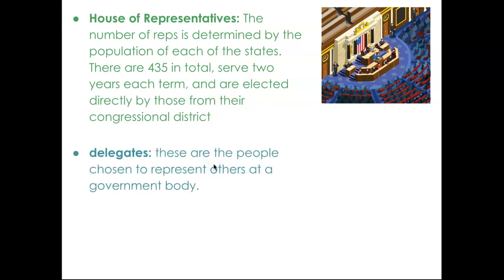Right, your next word is delegate. So these are the people chosen to represent others at a government body. So here we have a picture of like this one person representing the ones around it, right? So in the time period that we're studying, the delegates were, for example, the people that were trusted to put together the Constitution, right? I wouldn't say that they were elected, right?